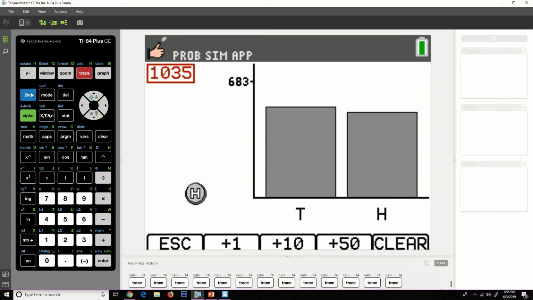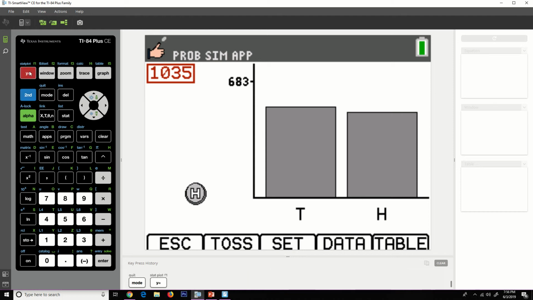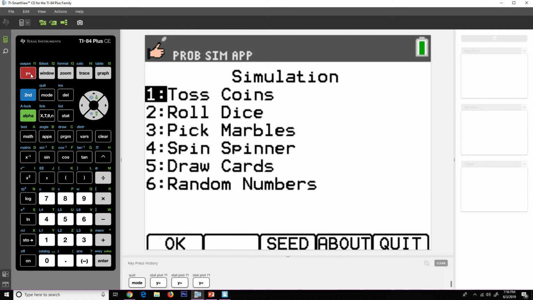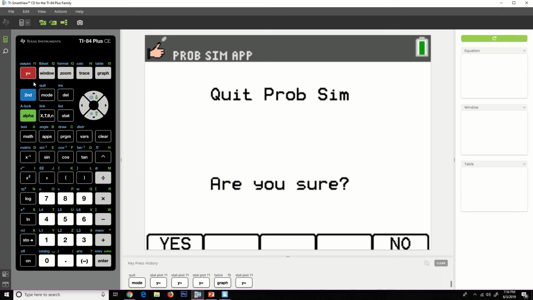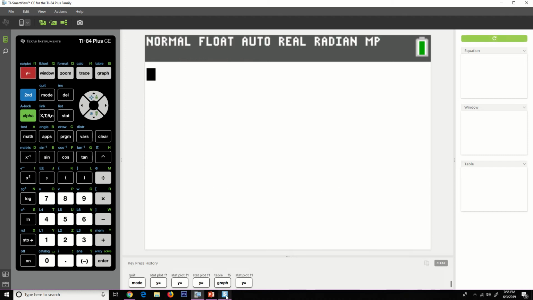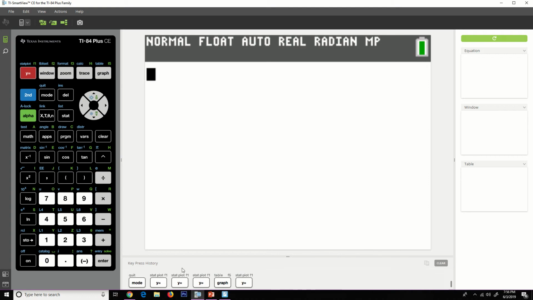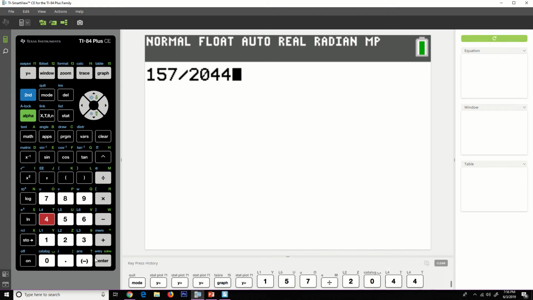So let's quit to the main menu on the calculator. Now I forgot the numbers. 157 over 204. 157 divided by 204.